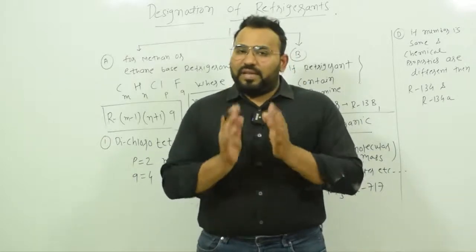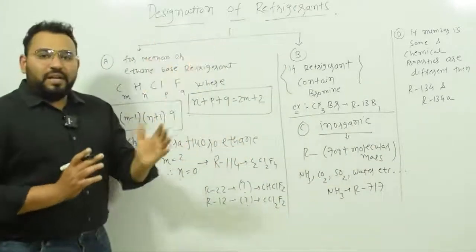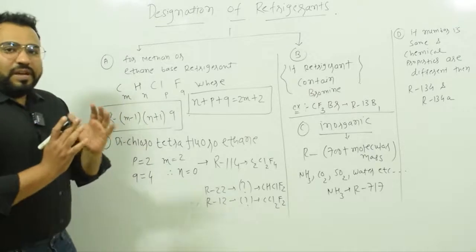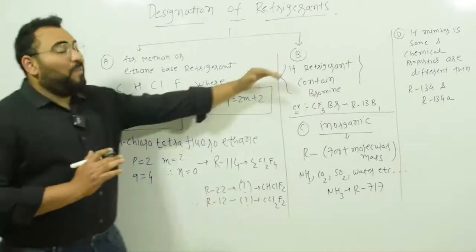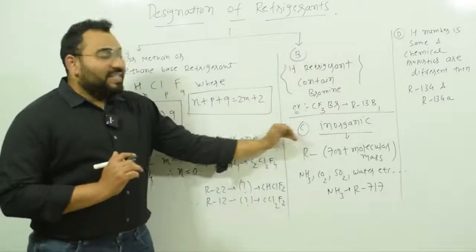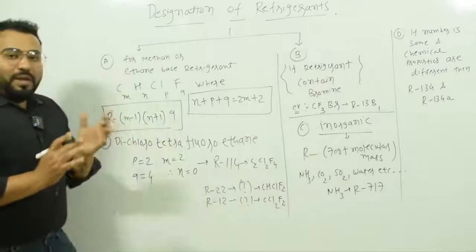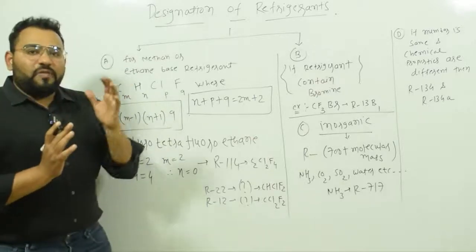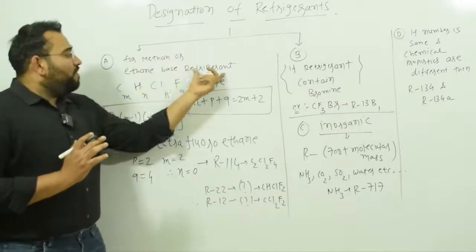Okay, so let's start. In designation of refrigerant, to give the designation to the refrigerant, I have divided the different refrigerants into part A, part B, part C and part D. In part A, we are going to see the designation of refrigerant for methane or ethane based refrigerant.